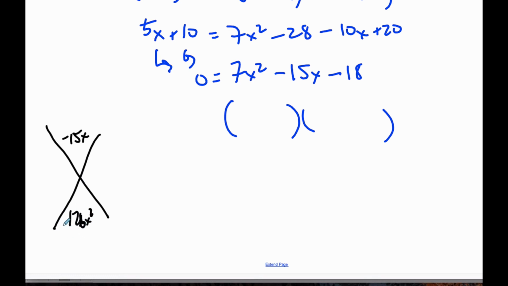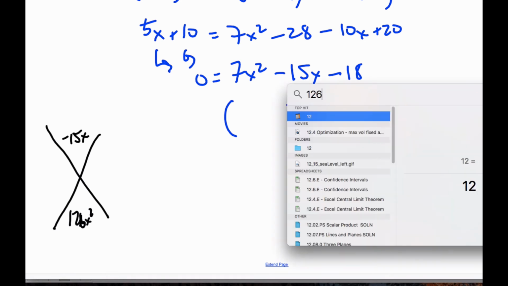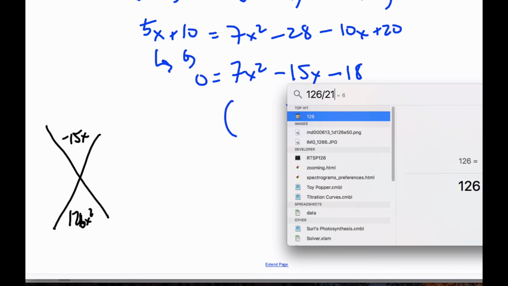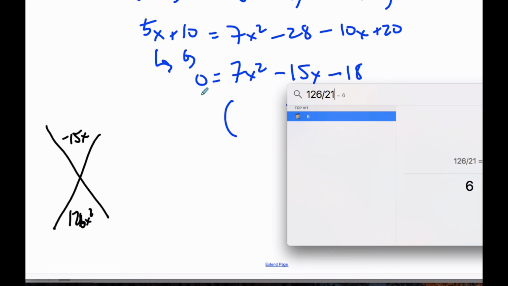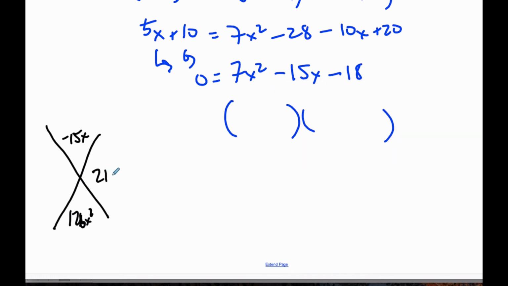Well, numbers that multiply to get 126, ay caramba. Those are big. I think 21 might go into it. Let's see. If I go 126 divided by 21 is 6. Ooh. So 21x and 6x. Could I add or subtract those to get 15? You can. And I've missed my minus sign, which is even better. So then this is minus.